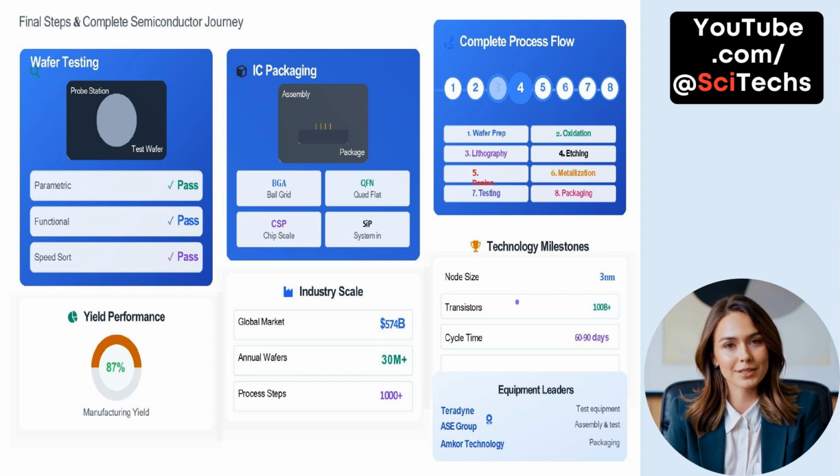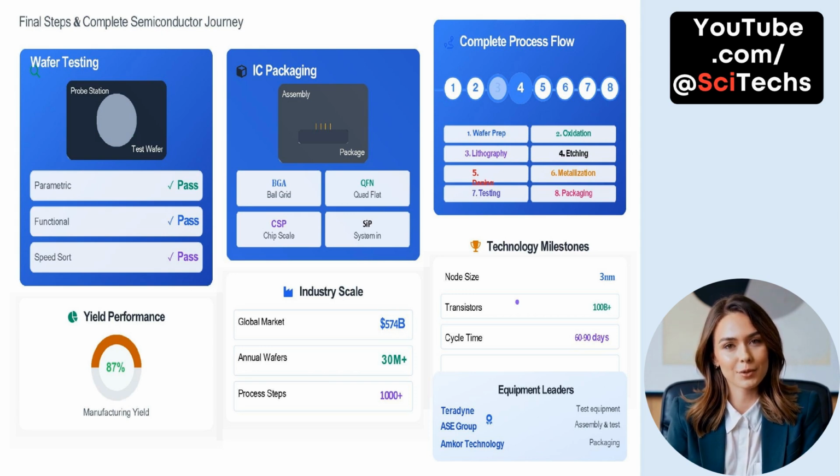Devices that pass all tests move on to IC packaging. Packaging formats vary by application and include BGA, ball grid array, QFN, quad flat no lead, CSP, chip scale package, and SIP, system in package. These protect the die and enable external connectivity.